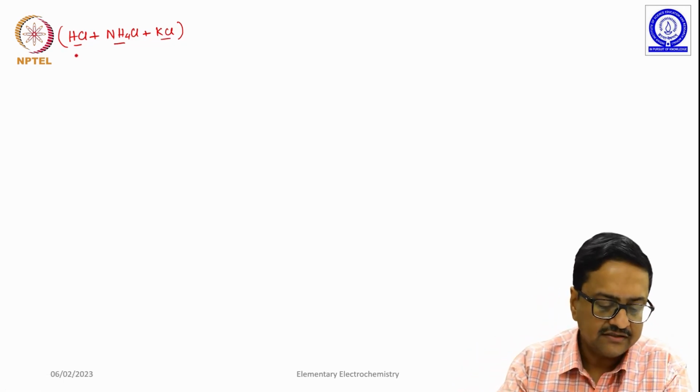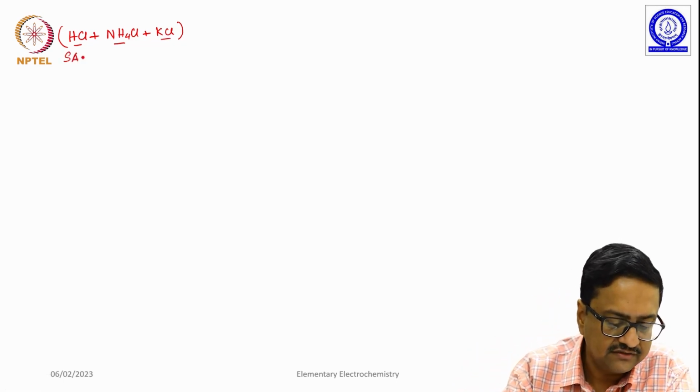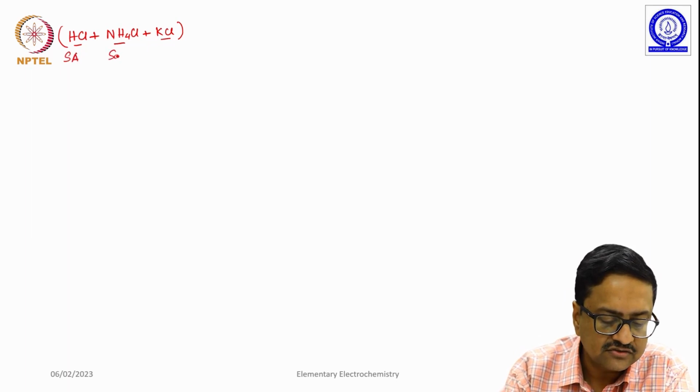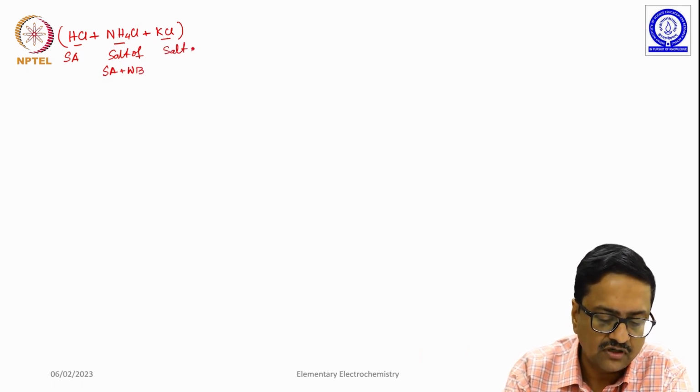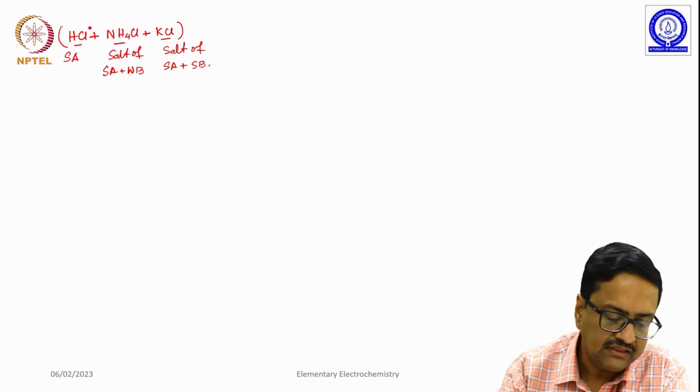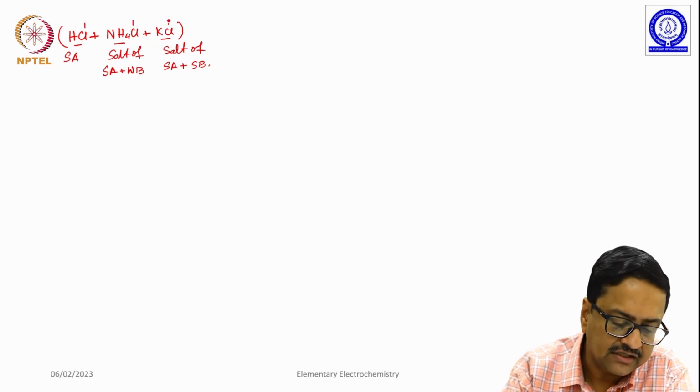So you can see that this is a strong acid, this is a salt of strong acid plus weak base, and this is a salt of strong acid plus strong base. One thing common here is the anion, chloride.